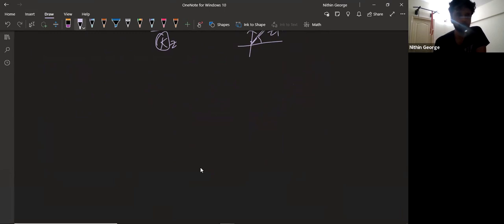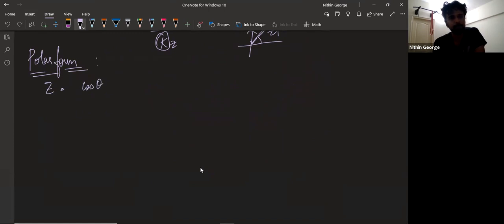Now let's head into something called polar form. Polar form tells me that any complex number z can be written as its R value into cos theta plus i sin theta. R value is what?